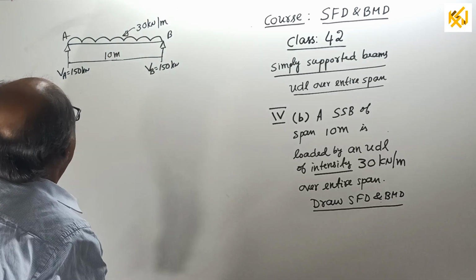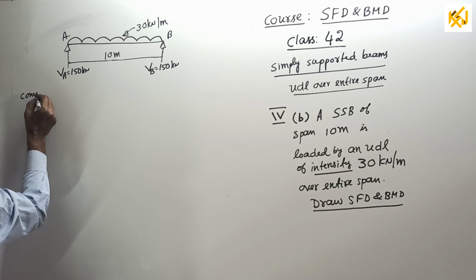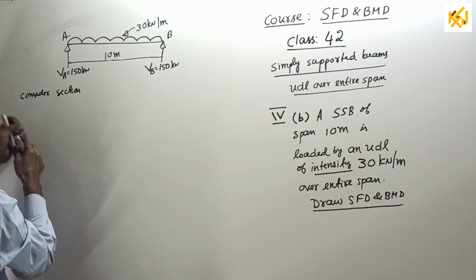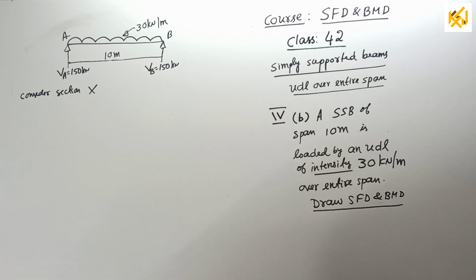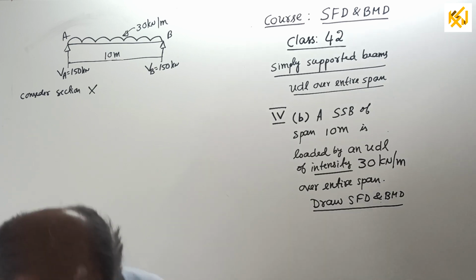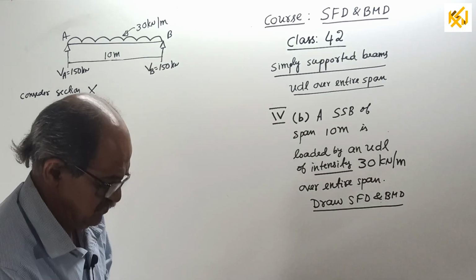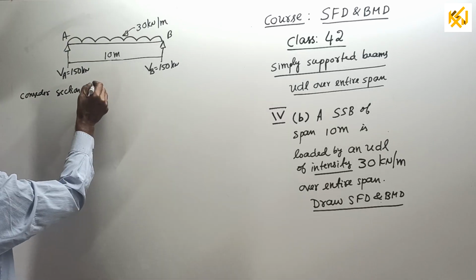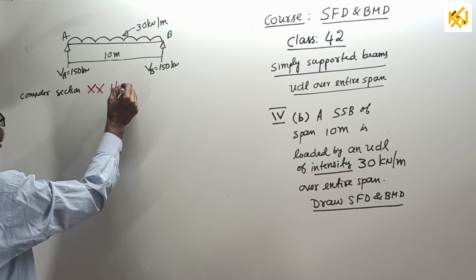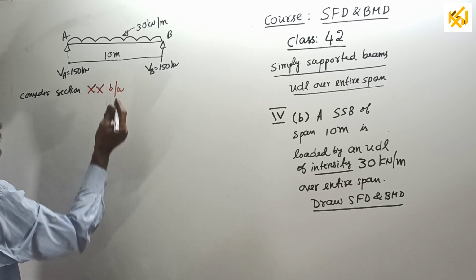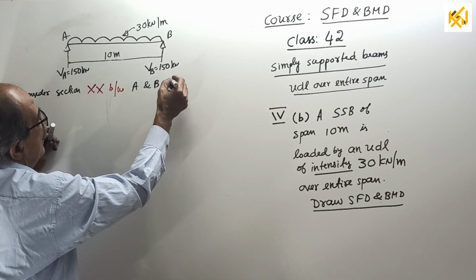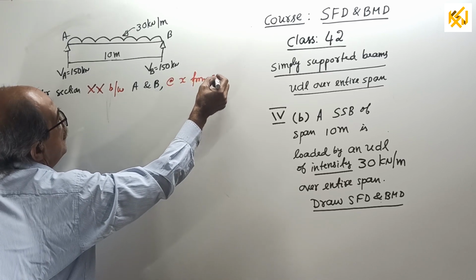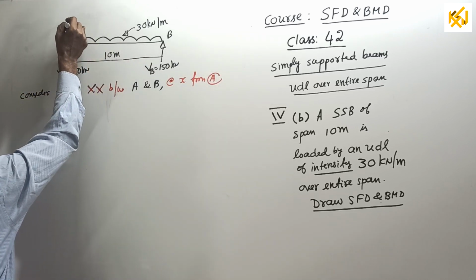First, consider a section XX between A and B, at a distance X from A. That means A is the origin for X, and X goes this way.